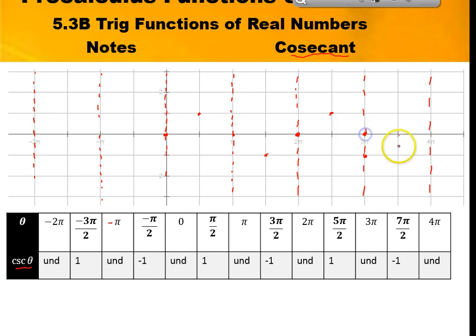And then 0, and then there. No, it shouldn't be there. And then here it'd be down, and then 0, and then up, and then down. So remember, sine is going to look something like this. Okay, so this is sine.